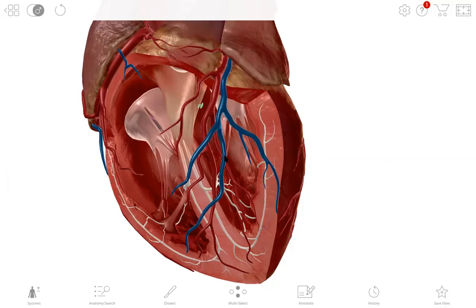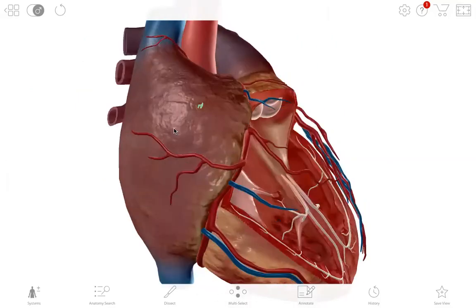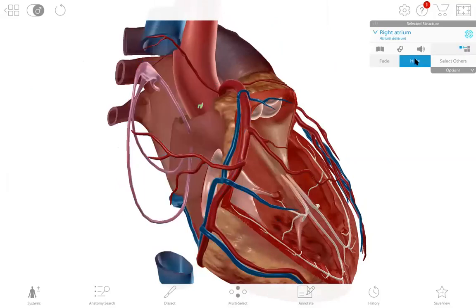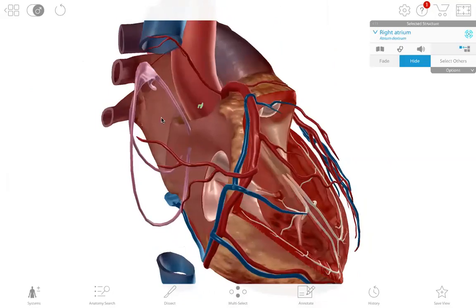Also, I forgot to mention that inside the right atrium, of course this is the SA node and this is the AV node, okay? Inside the right atrium, at the smooth part of it, I will have a saucer-like depression which is called fossa ovale.